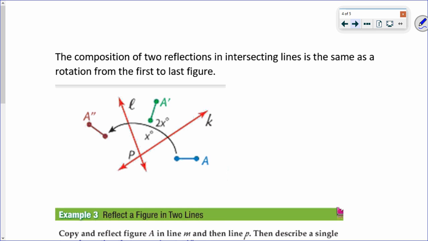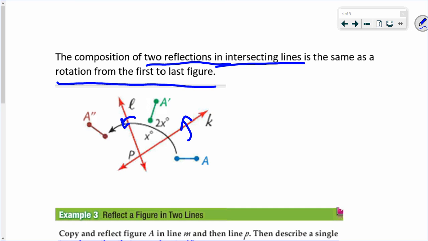That's in parallel lines. Okay, now if we talk about two reflections in intersecting lines, where we reflect across line K, and then we reflect across line L. So two reflections across intersecting lines would be the same as a rotation from the first to last figure.